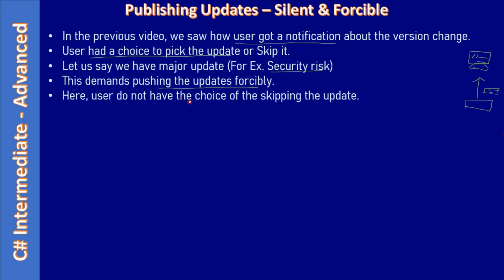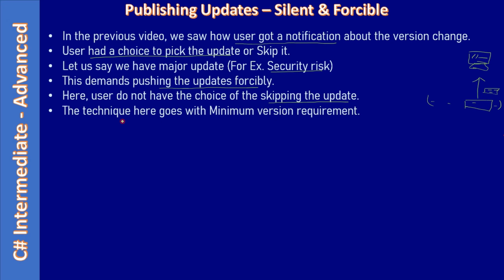Here the user does not have the choice of skipping the update. That means when they start the exe, it will check for the update, and from this update itself it knows that it should not provide any notification to the user, so it automatically updates their version in the client box. If there are 500 clients, all 500 clients will get this specific version because of a security risk.